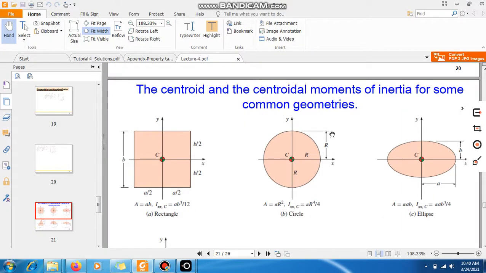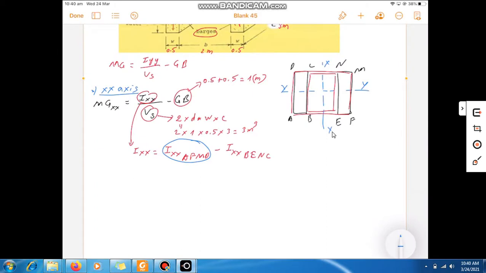And when we use A, F, M, D, and B, E, and C, it can go through the centroid of the area.